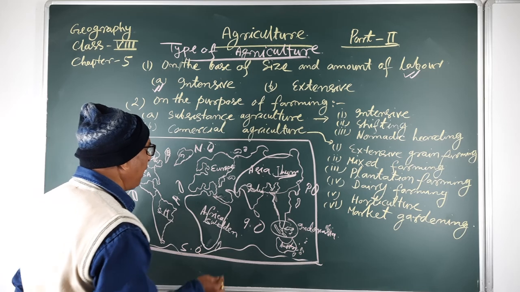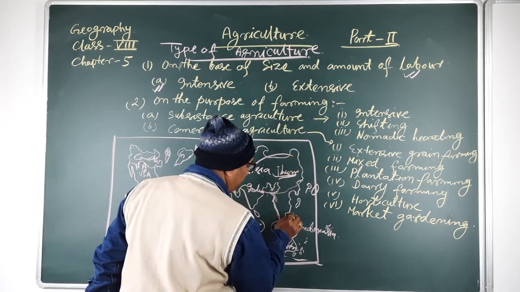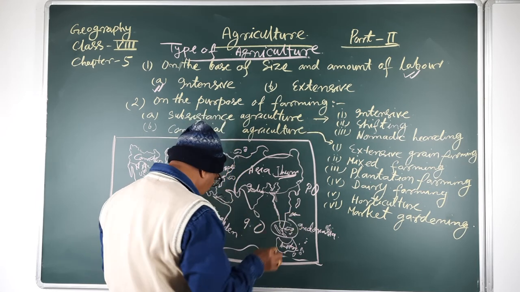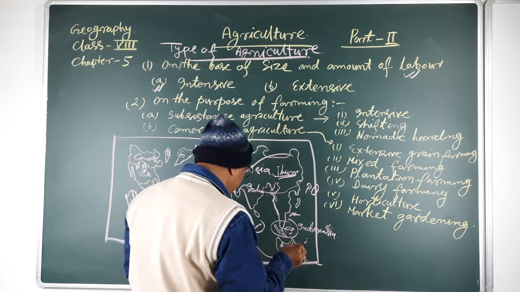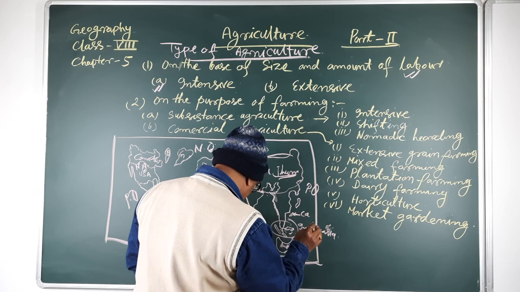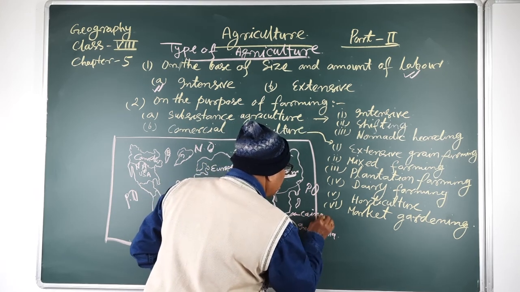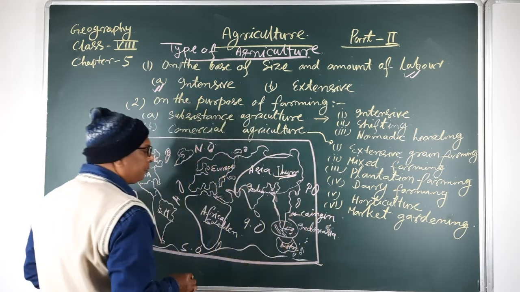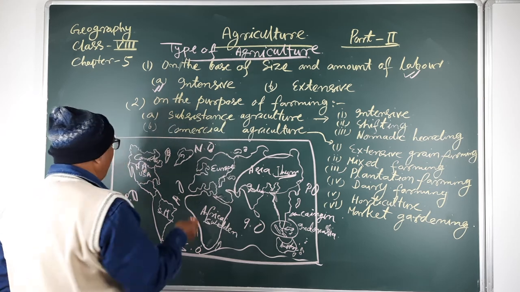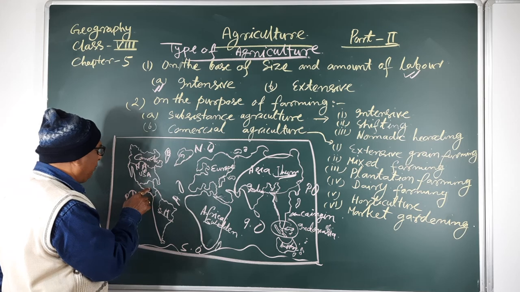Next, Kangin in the Philippines. Where are the Philippines? Here, the Philippine Islands. In this country, it is known as Kangin, a slash and burn agricultural method of farming. And Milpa in Central America and Mexico. Central America means USA and Mexico.